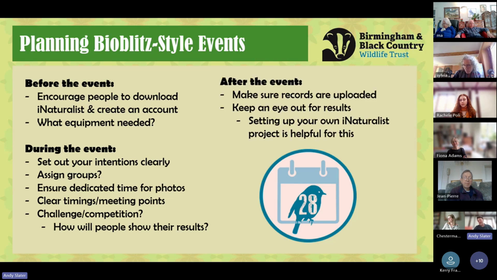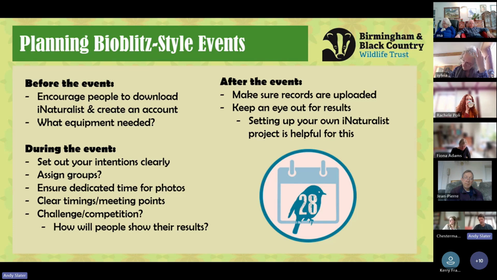And then after the event, obviously make sure that records are uploaded. One thing we've found is quite useful as well: in iNaturalist, you can set up something called a project. Now, a project is basically a set of rules that says what records are included in that project.